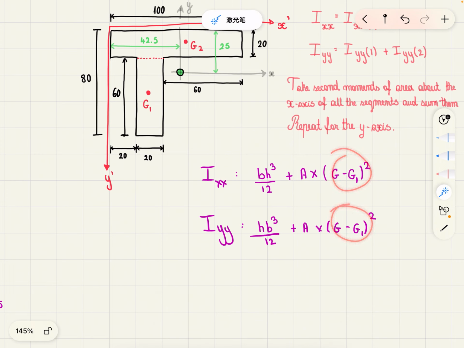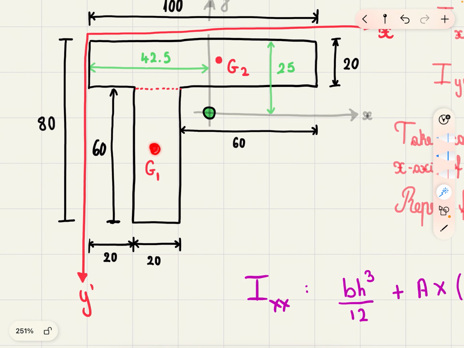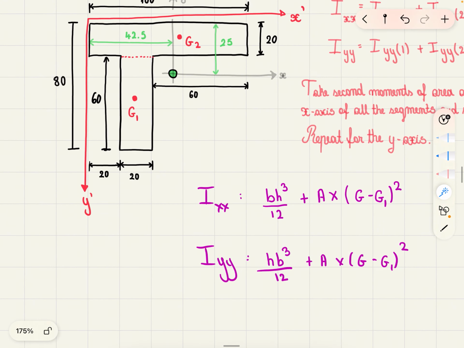Although another thing that's different this time here is we're no longer going to find the distance to the vertical axis, so vertically to the x prime axis. We're going to multiply by the distance to the y prime axis when finding Iyy. So by this one, the distance from G1 to the actual centroid, like this, instead of like this. So instead of like this, like this. This one's like really small.